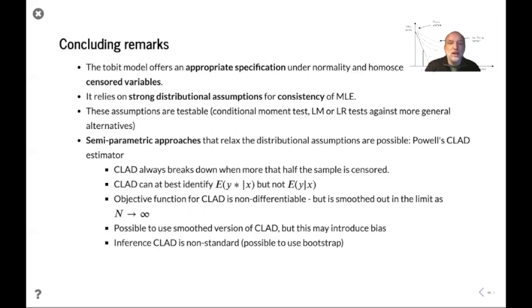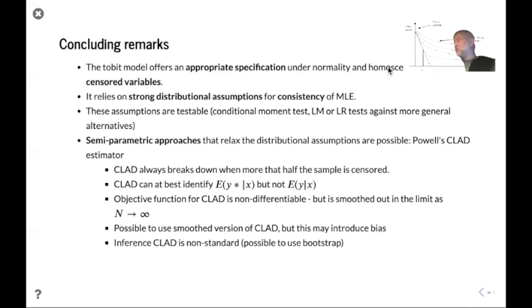The Tobit model is really offering a very nice, well-behaved estimator that is the appropriate specification under the strict assumptions of normality and homoscedasticity. That's what you want to do if you have censored data and you think those assumptions of normality and homoscedasticity are holding.